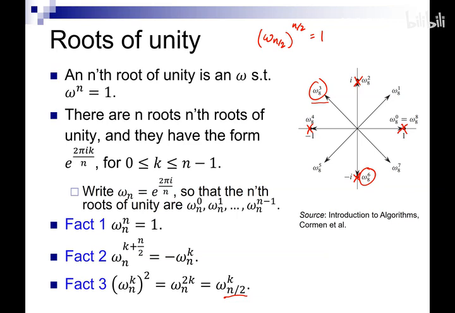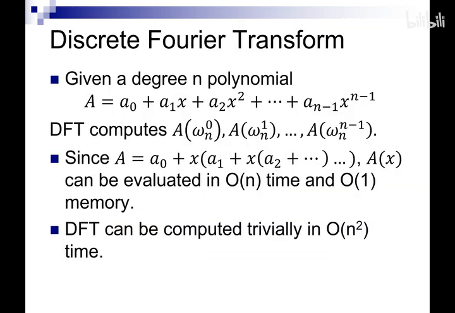But before we make use of these, let's just define the problem that we're trying to solve. First of all, we're going to start with the Fourier transform, and we're going to talk about the discrete Fourier transform since we're dealing with discrete signals in computer science. So suppose you're given a degree n polynomial, and the polynomial you write like this: a0 plus a1 times x plus a2x squared, and so on.